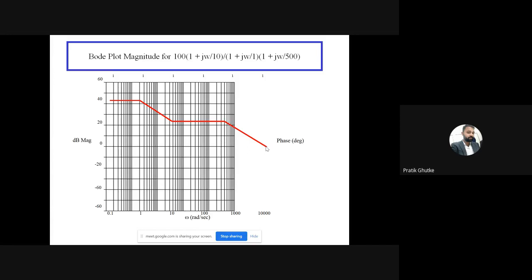There should be in the form of 1 plus. Yes? So first of all, I have to draw the k line, that is 20 log of k. So I have drawn with that, and then with pole zero mapping, I have done the mapping of your pole zero.